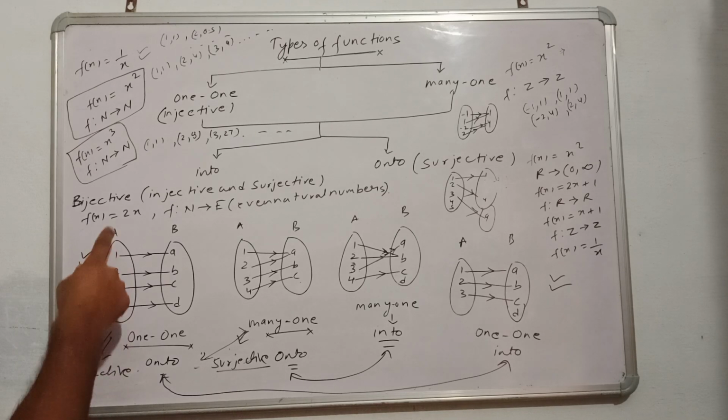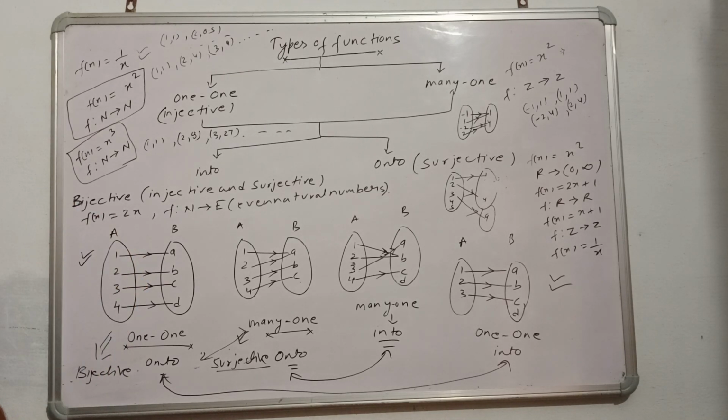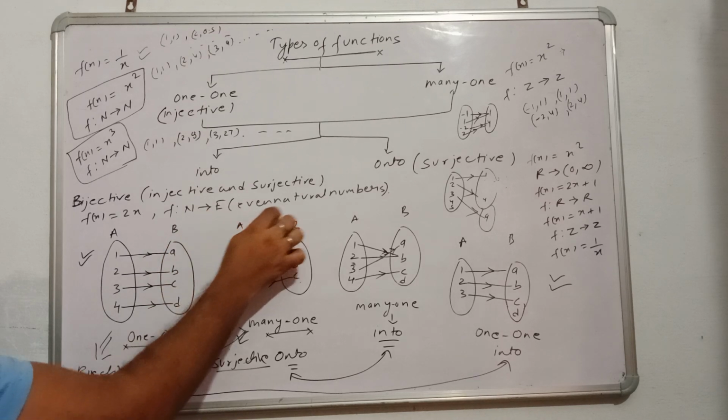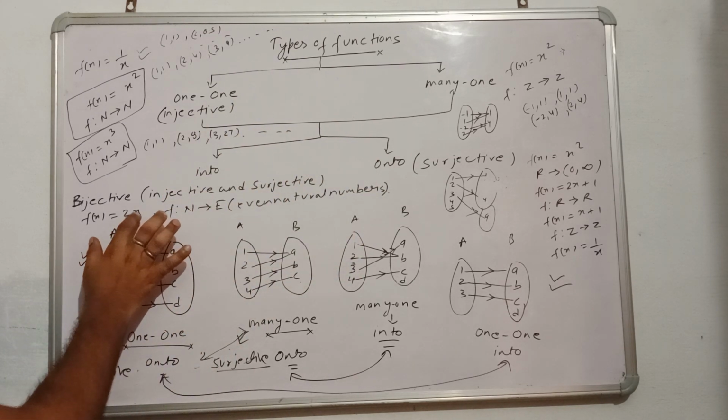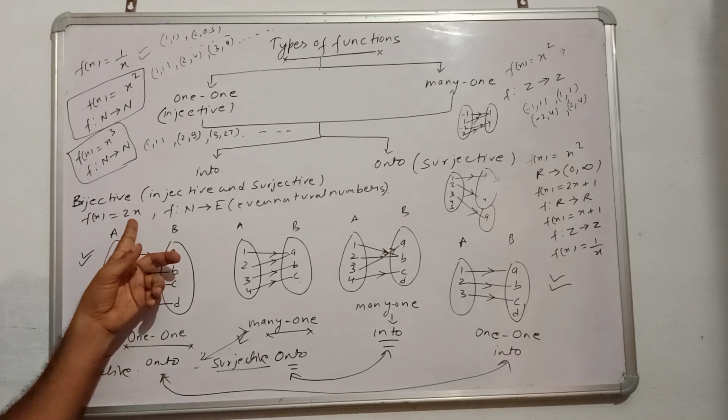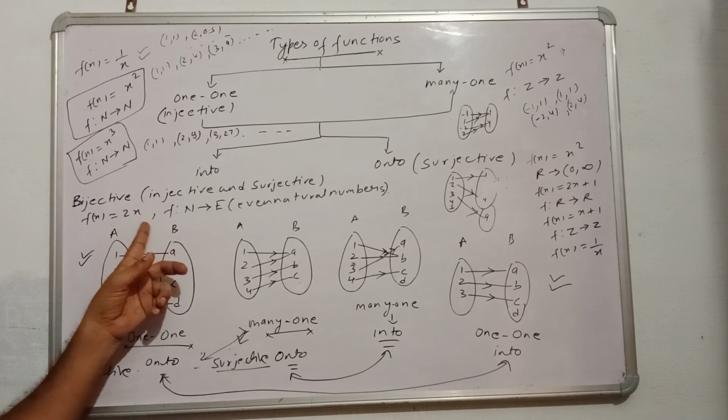So see here what is written, 2x. On putting 1 you will get 2, on putting 3 you will get 6, on putting 2 you will get 4. Here it is saying N to E, where E is the even natural numbers. On putting a natural number you will get an even number only. So at 1 you will get 2, at 2 you will get 4, at 3 you will get 6.